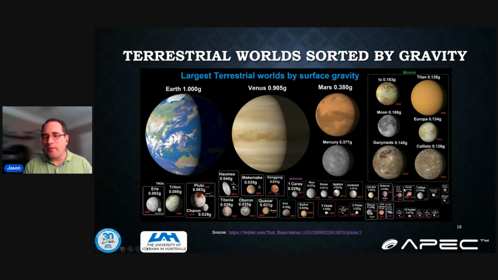But anyway, the point being is that there are a lot of really small bodies that have of the order of a few percent gravity of Earth. They're mostly cold and rocky, but there's so many of them that I think it just means there's a lot of different opportunities for habitats, sort of like terrestrial habitats in low gravity environments.